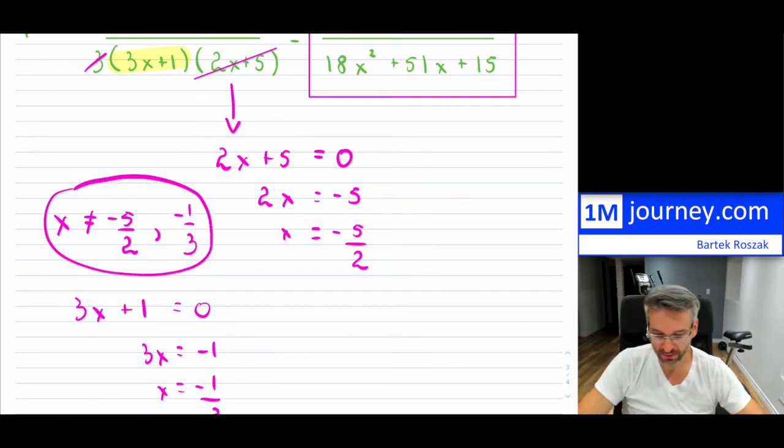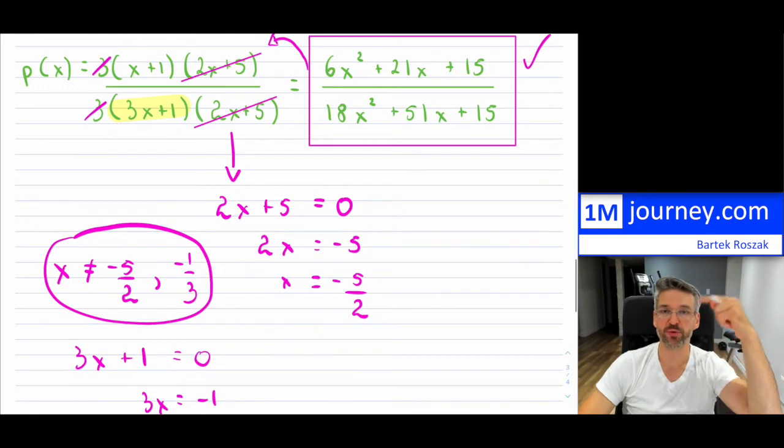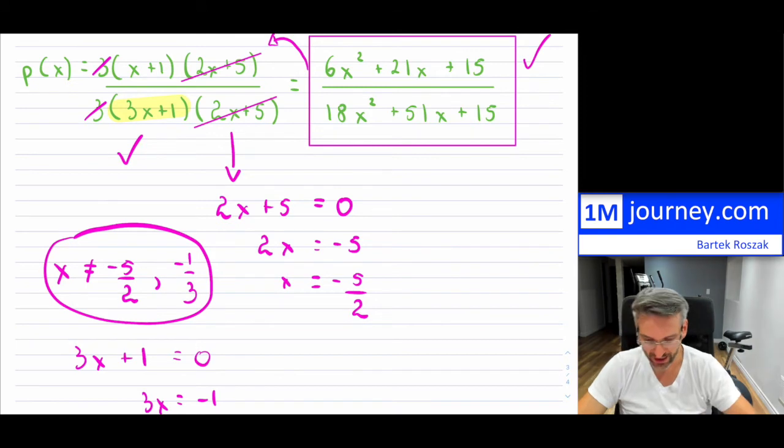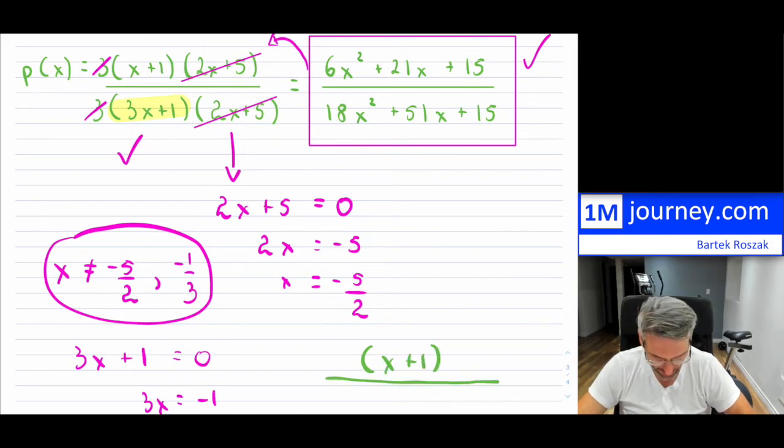But I bring this up because, just like the previous example, often on tests or quizzes, students are uncertain because they will factor this out. And then, if I factor this whole thing out, what I'm going to get is x plus 1 in the numerator, and then just 3x plus 1 in the denominator.